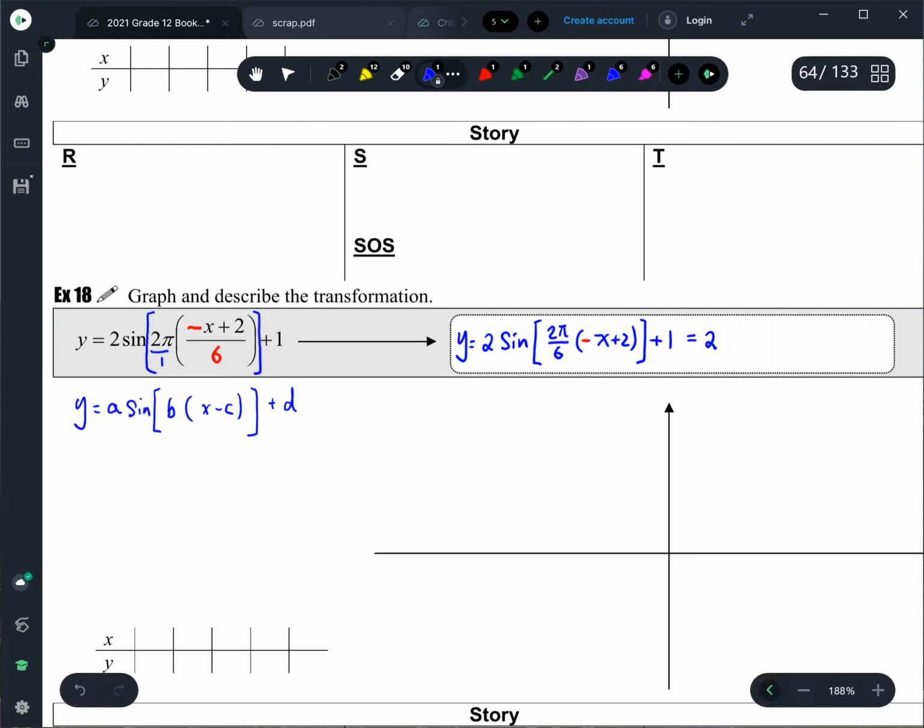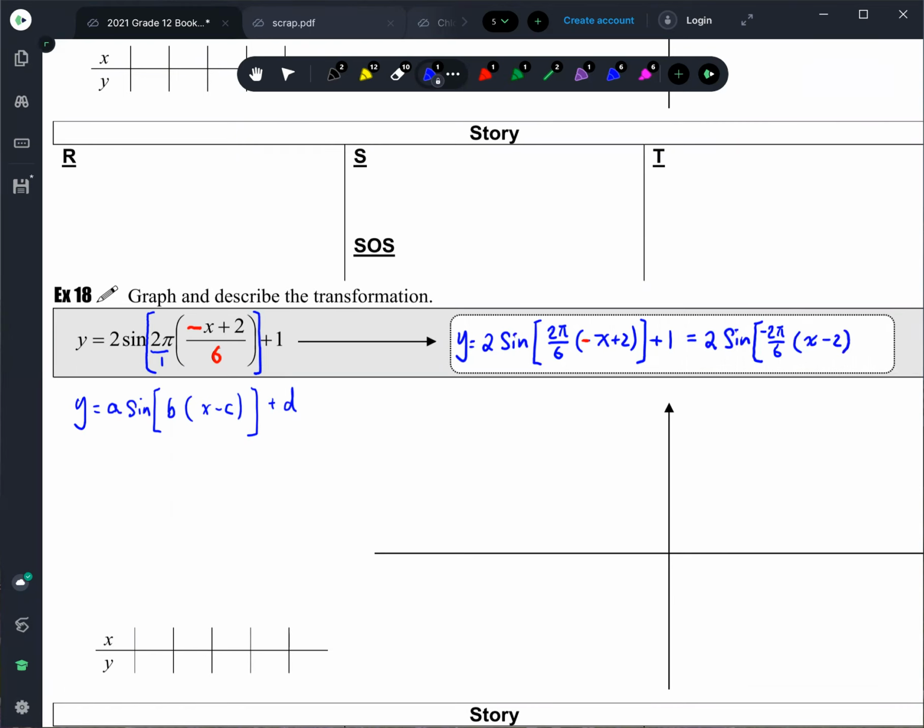So it becomes 2 sine, negative 2 pi over 6. Since you factor the negative out, inside becomes positive x minus 2. You factor the negative from everything in the bracket, plus 1. So now the negative is outside.